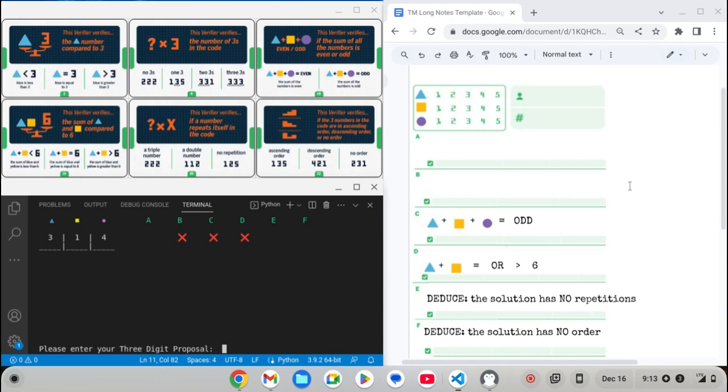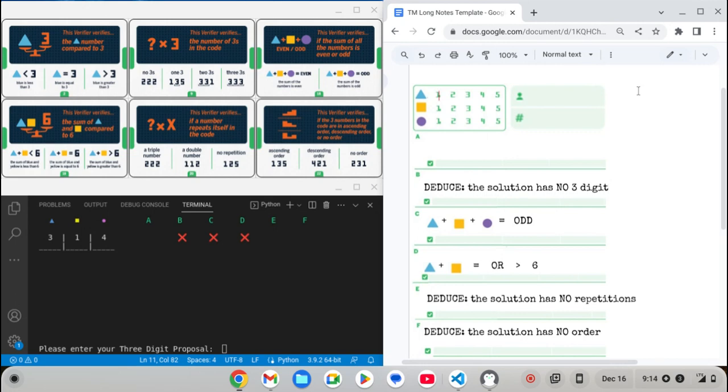Let's type that up in our notes in section B, and we'll say that we deduce that the solution has no 3-digit. Again, if there is to be a 3, there can only be 1, but the Turing machine responded that it did not approve of the presence of 3. So in fact, there are no 3s.